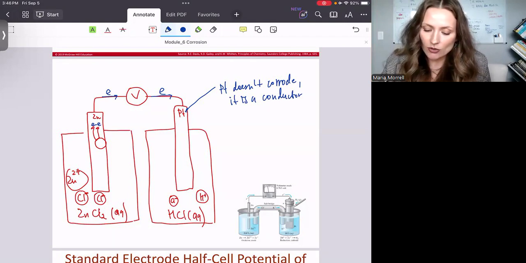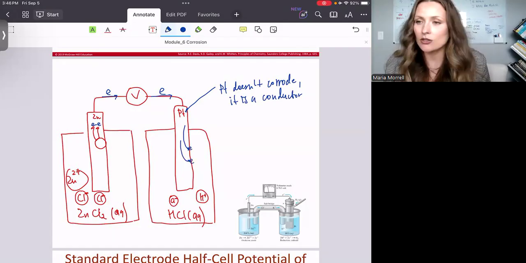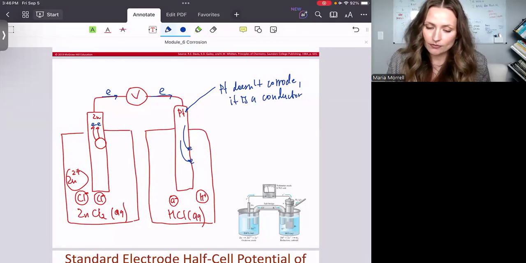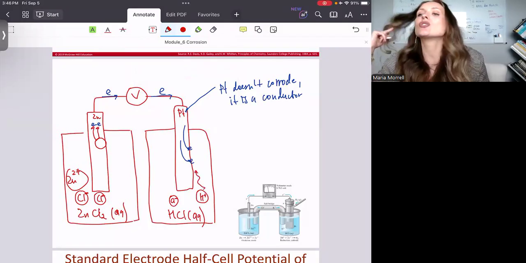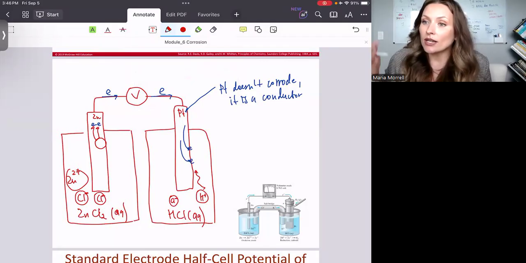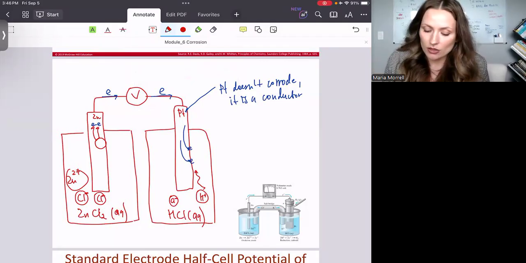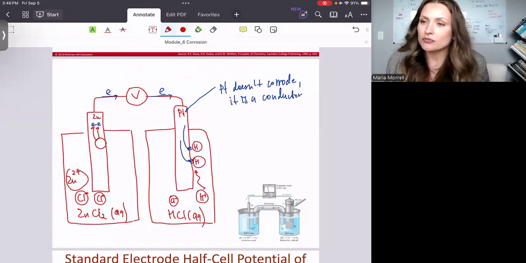Now, when these electrons arrive here, let's say I'm going to put it right here, you have electron here and electron here. They're going to be at the surface of the platinum electrode, right? I know that it's inside the hydrochloric acid, and so that means these hydrogen ions that are readily available in the solution are going to come up here, and I already know that they're going to form a hydrogen, right?